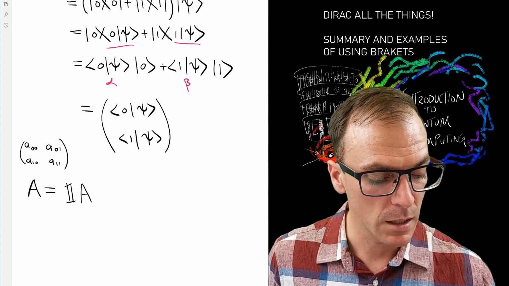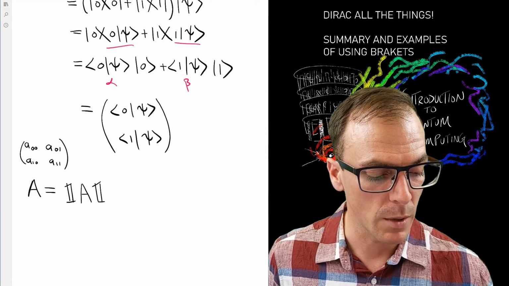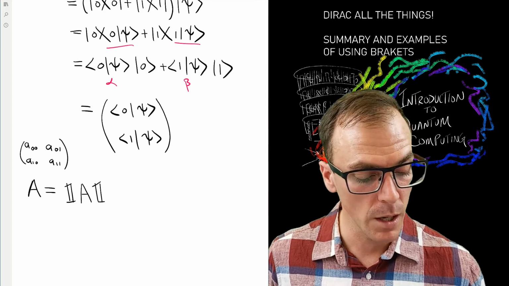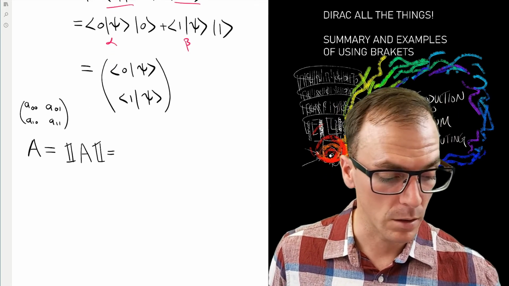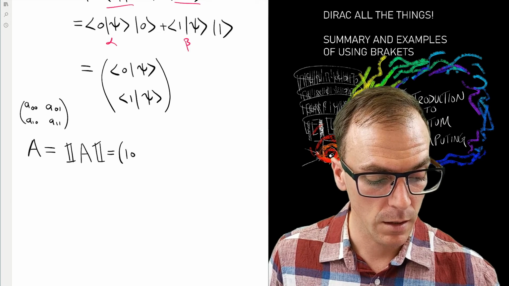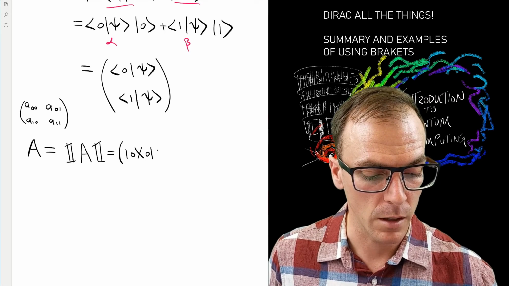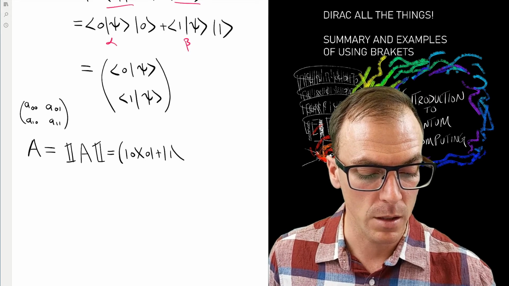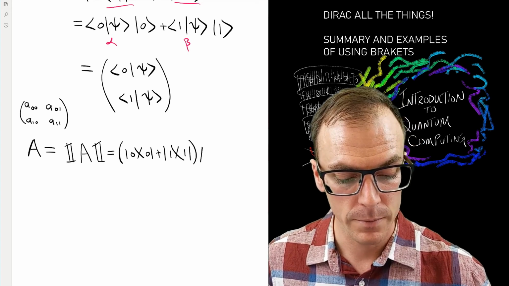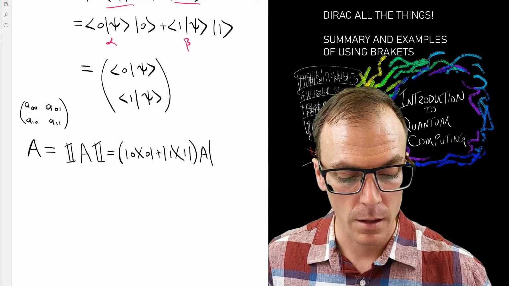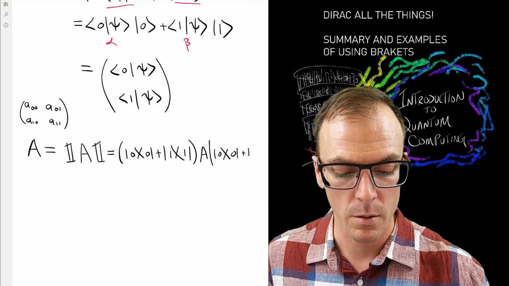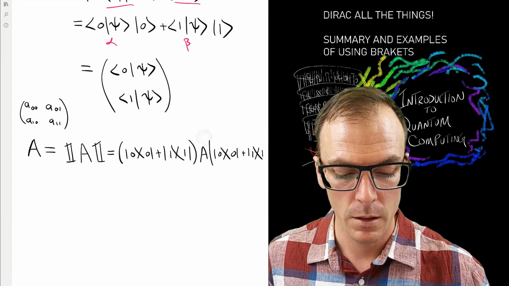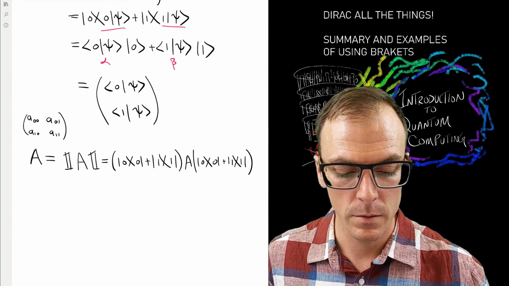Since the identity doesn't change anything, I can multiply by the identity from the left and from the right. So that's going to look like a little bit longer of an expression, but still manageable.